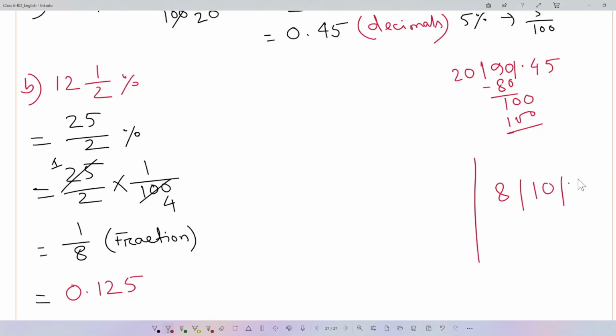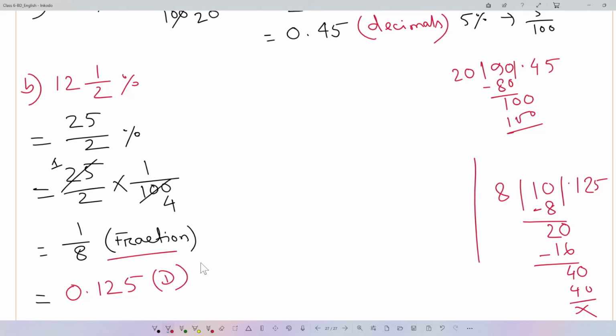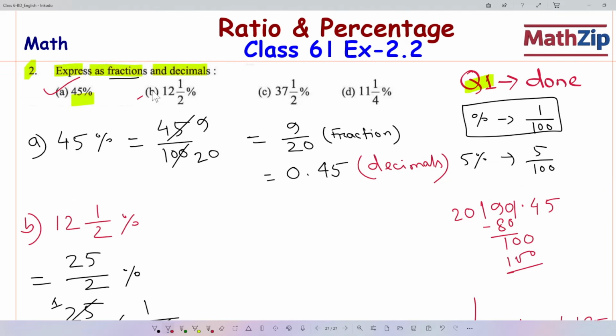Here is 0, 1, 8. 1 is not possible, so you can take 10. Now it is possible. 1 times 8 is 8, then 10 minus 8 is 2, so you can use a 0, and 2 times 8 is 16, and so on. So our answer is 0.125. This is the decimal part and this is the fraction part. So number A and B are done.